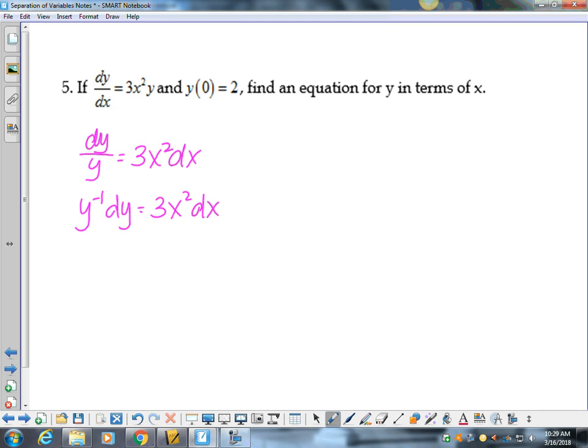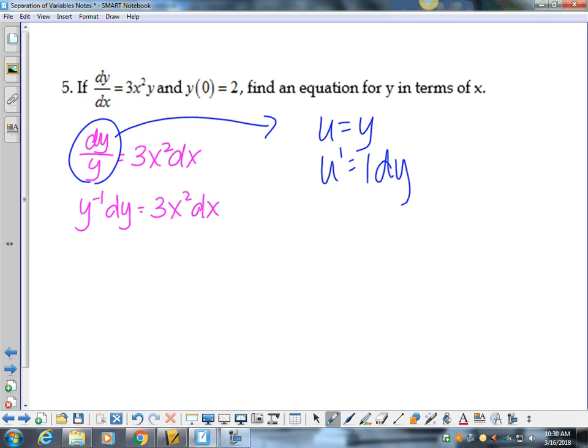U-substitution. Okay, so if your u was your y, what's your u prime? 1. Do I have everything I need? So if my u is y, my u prime is 1 dy, then don't I have u prime over u?